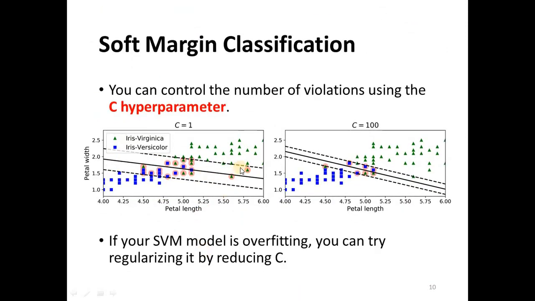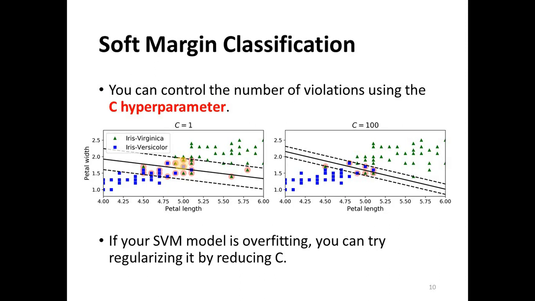Here is an example. This is the decision boundary, and between the dashed lines is the margin, and there are some green on this side and some yellow on the other side.